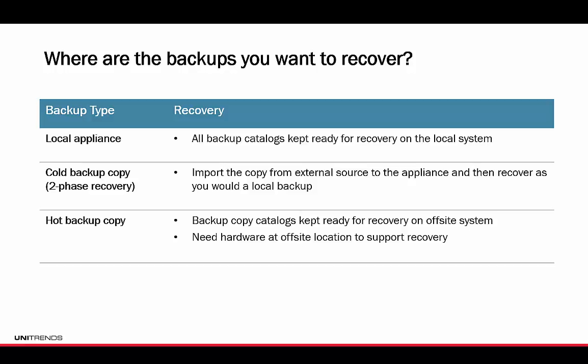If I'm doing this off of a hot backup copy target, those backup copy catalogs are kept ready for recovery off site. You just need to make sure that you have the supported hardware off site to do the recovery. You need to be running an Oracle server, running the agent, ready to receive the Oracle recovery jobs.